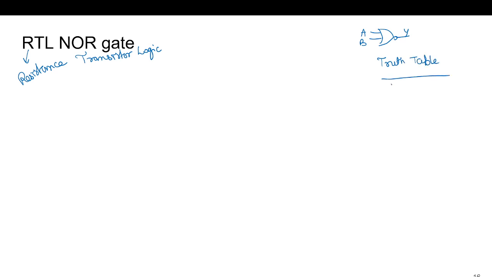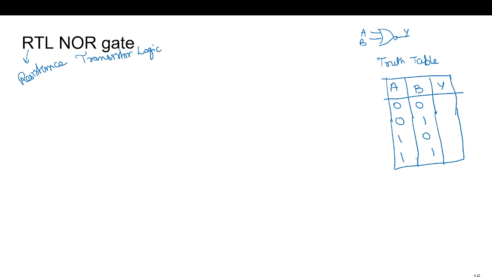Next, we'll discuss the architectures of resistor transistor logic. So we have a NOR gate. This is the symbol of the NOR gate, and the truth table for the NOR gate is 0, 0, 0, 1, 0, 1, 1.